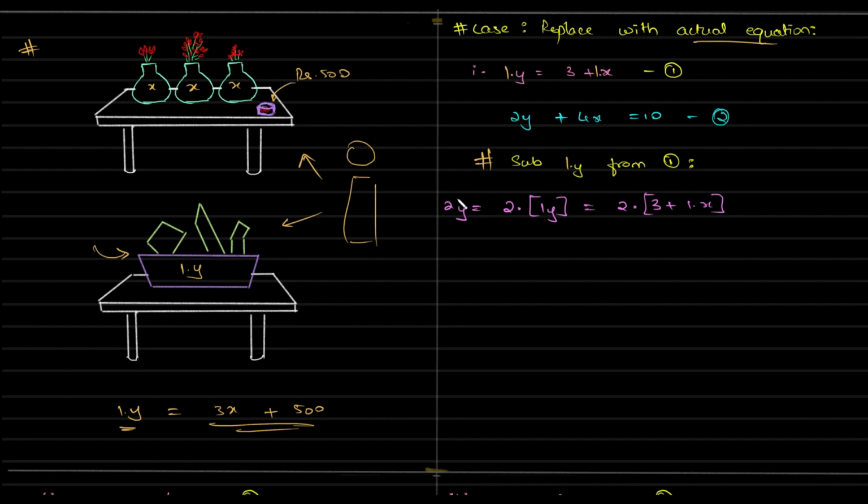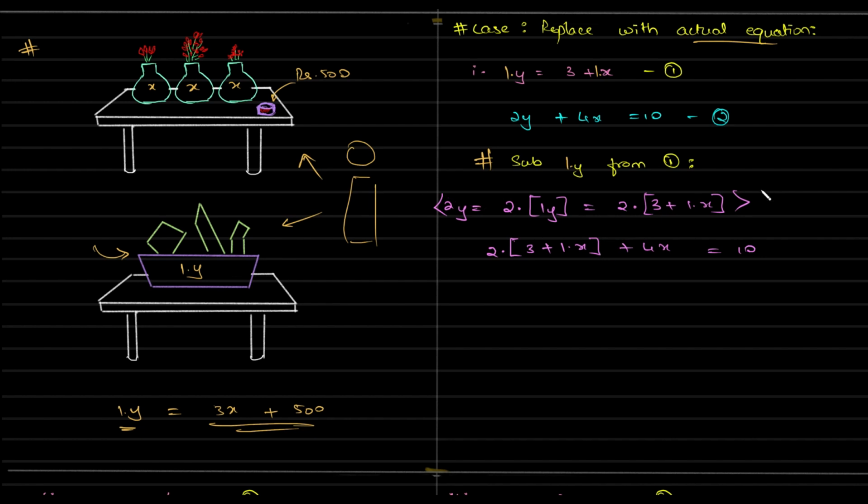So basically, we are doing this. In this entire equation, we're going to replace y and write 3 plus 1x plus 4x is equal to 10. So this line is not required to be written. It's only for understanding. But yeah, if you're making notes, do see to that.